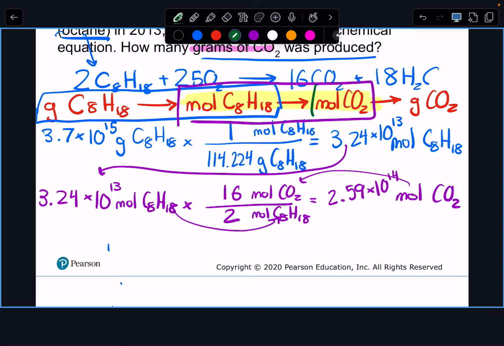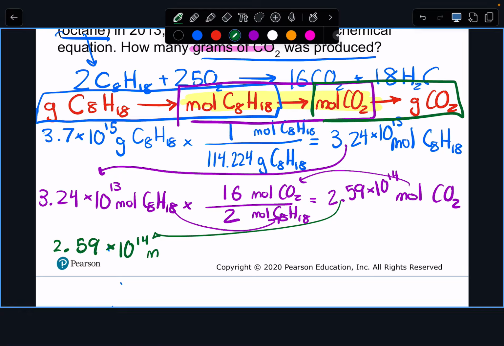And then the last part is we need to go from moles to grams. So again, I'm going to take that number down here and start a new calculation. I'm trying to get to grams of CO2. So moles of CO2 on bottom, grams of CO2 on top. It's almost the same thing as the first one, just in reverse.